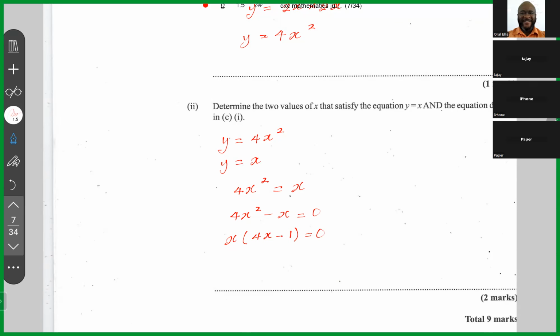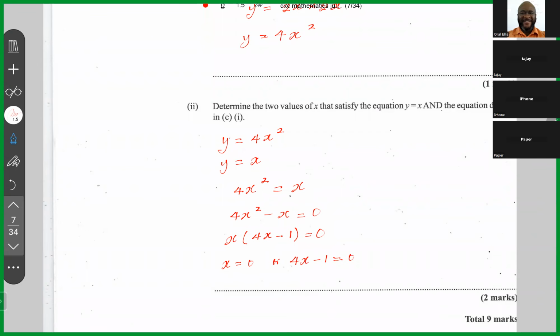Now, I'm multiplying x by 4x minus 1, and I'm getting 0. If you're multiplying two numbers and you're getting 0, it is either the first number x is equal to 0, or the second number 4x minus 1 is equal to 0.